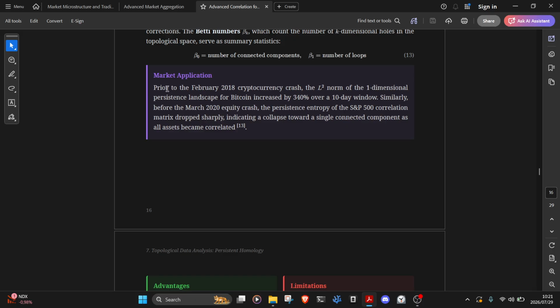Market application. Prior to the February 2018 cryptocurrency crash, the L2 norm of the one-dimensional persistent landscape for Bitcoin increased by 340% over a 10-day window. Similarly, before the March 2020 equity crash, the persistent entropy of the S&P 500 correlation matrix dropped sharply, indicating a collapse toward a single connected component as all assets become correlated, right?